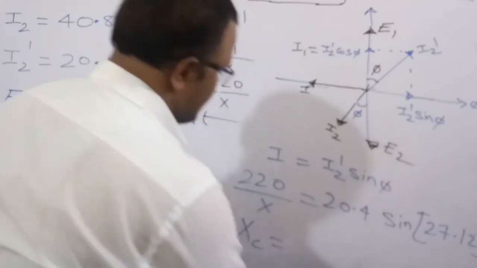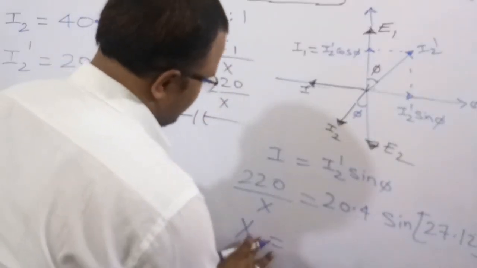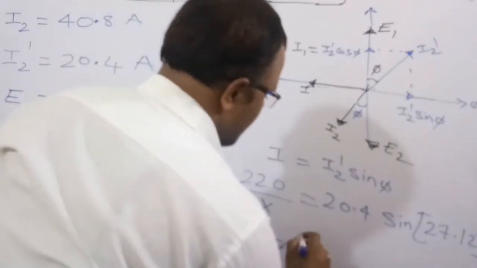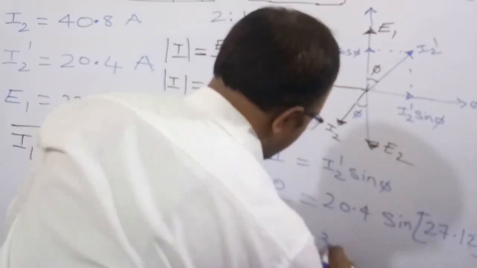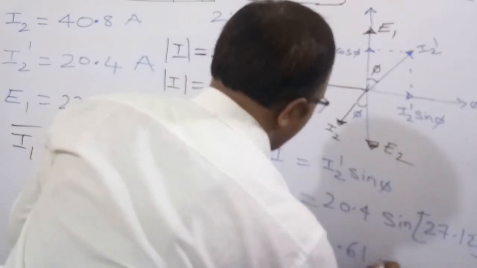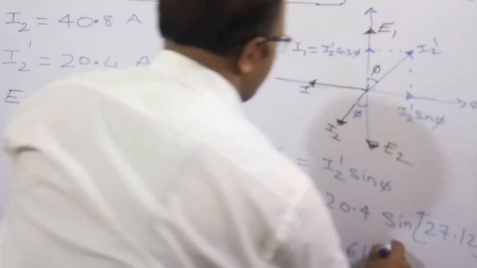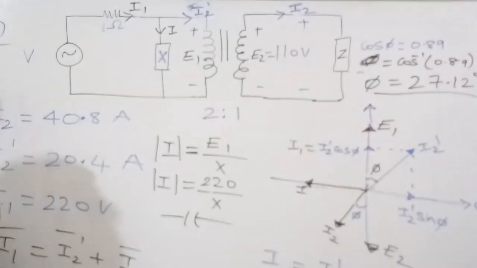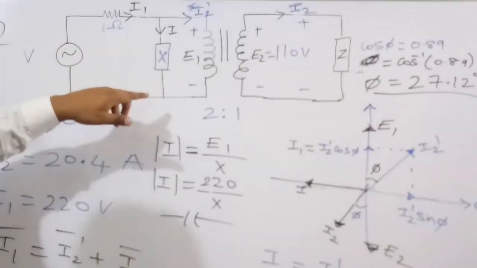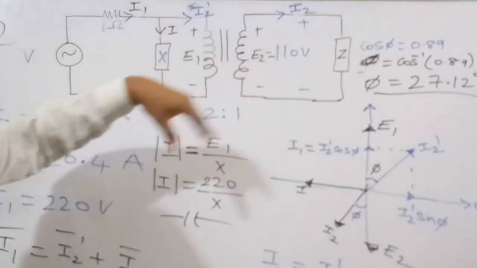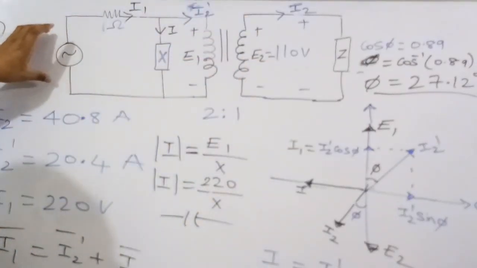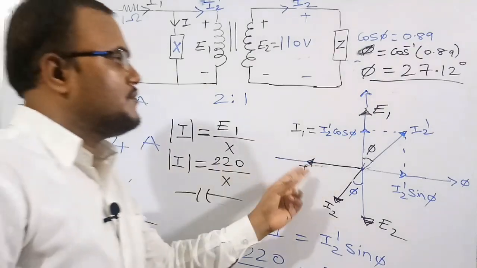So XC is a capacitor element. Whether you write X or XC, nothing happens. We will get the answer 23.61 ohm. What I am trying to say is, this is a capacitor. Then only the whole circuit will become a resistor across the supply.